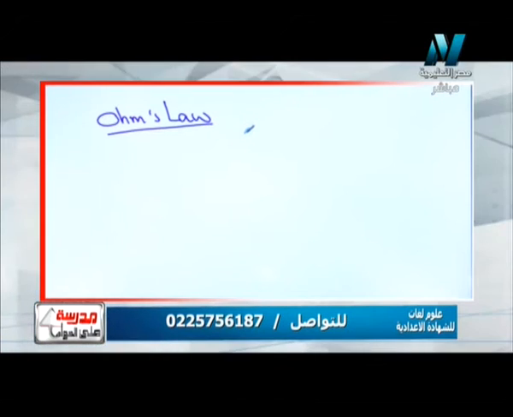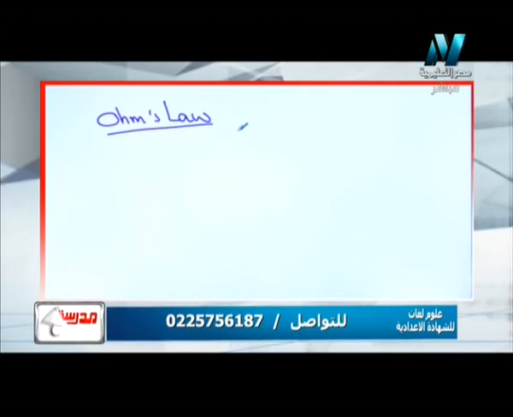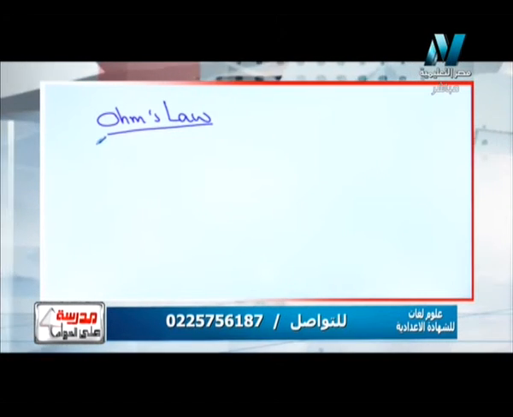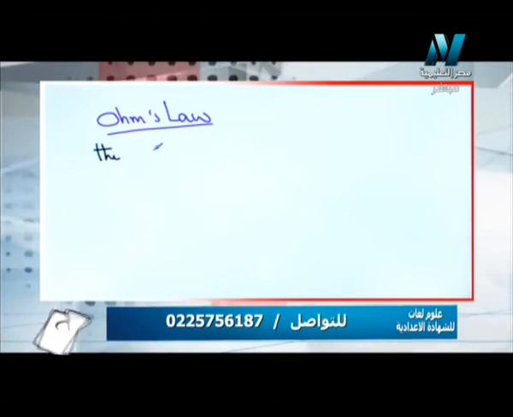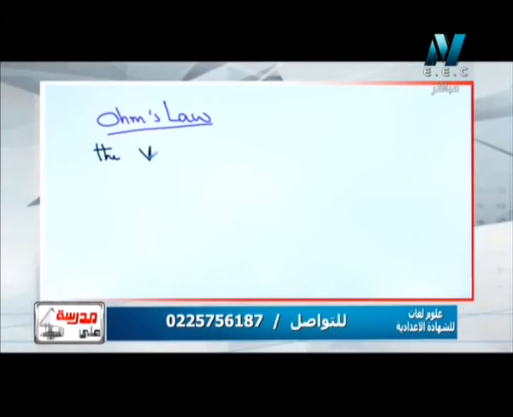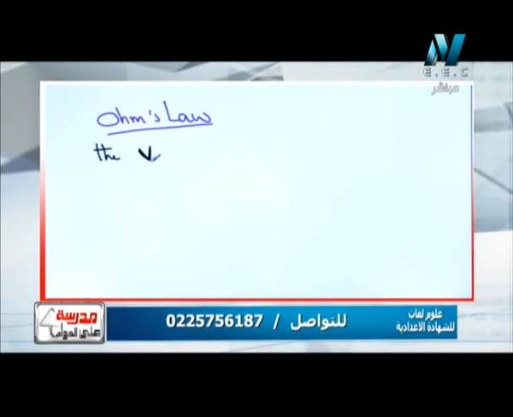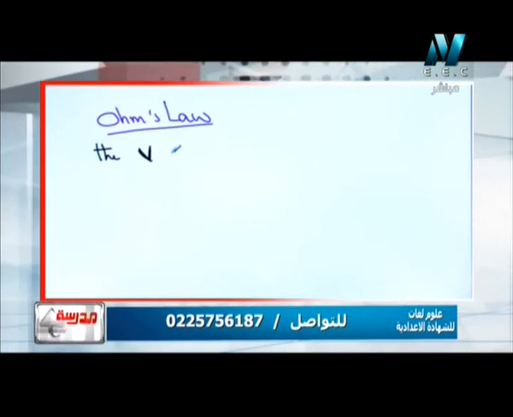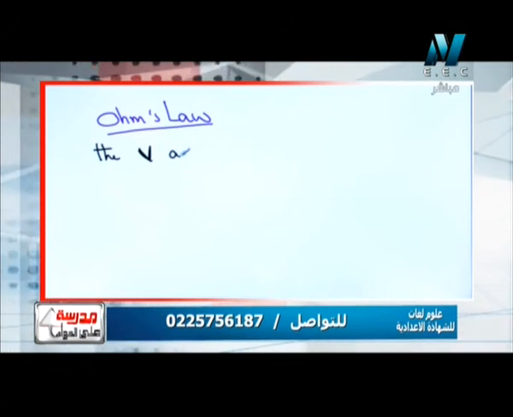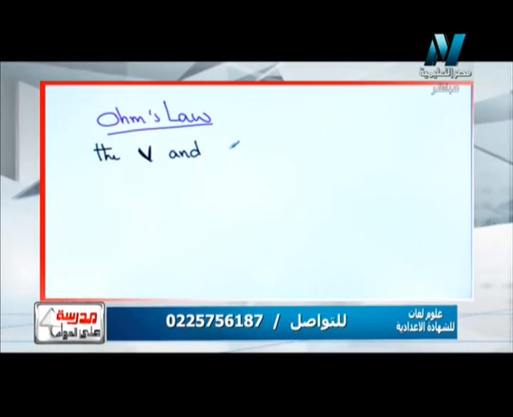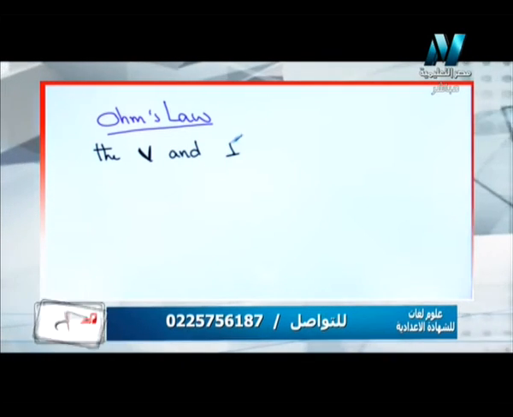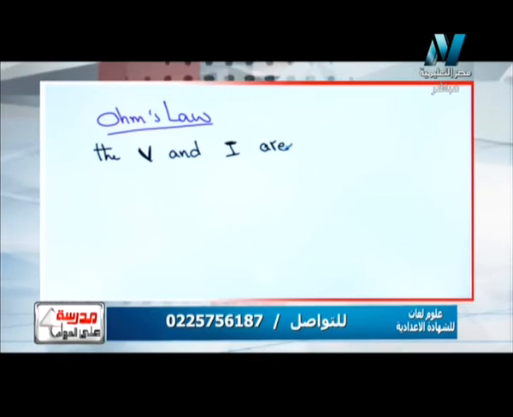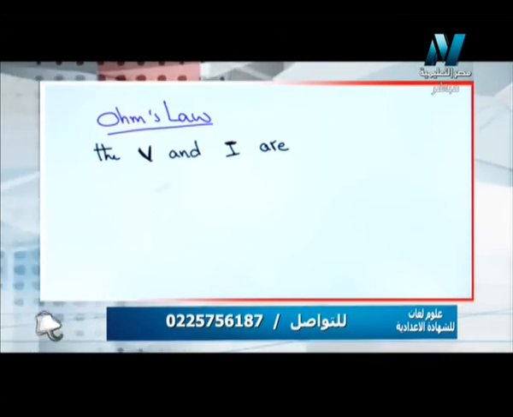Ohm's law, as we said, says V is potential difference, and I is electric current intensity, R is resistance. I want to know what is proportional to what.